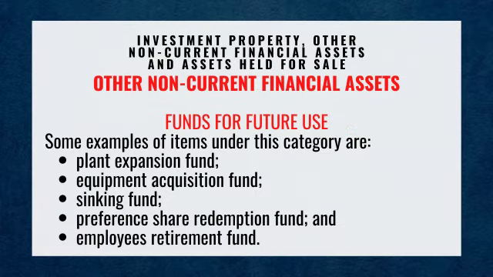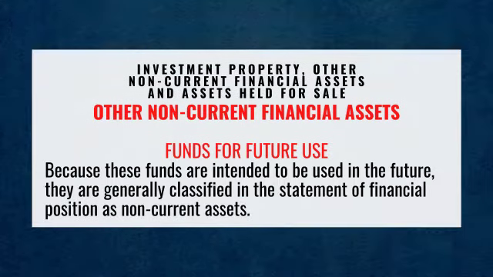Some examples of items under this category are Plant Expansion Fund, Equipment Acquisition Fund, Sinking Fund, Preference Share Redemption Fund, and Employees Retirement Fund. Because these funds are intended to be used in the future, they are generally classified in the Statement of Financial Position as non-current assets.